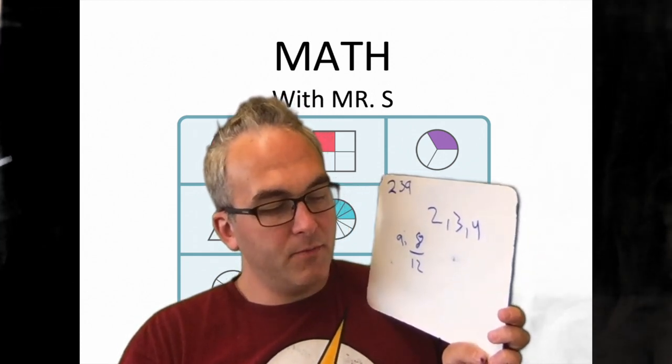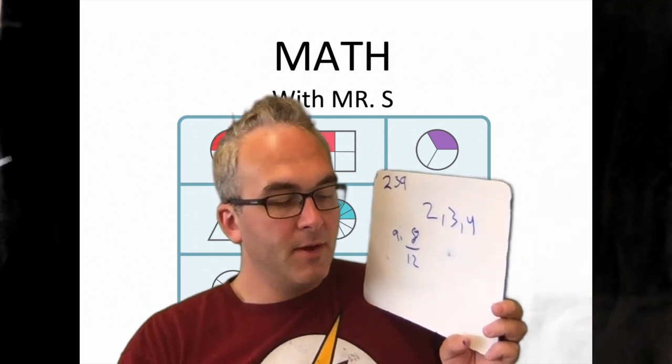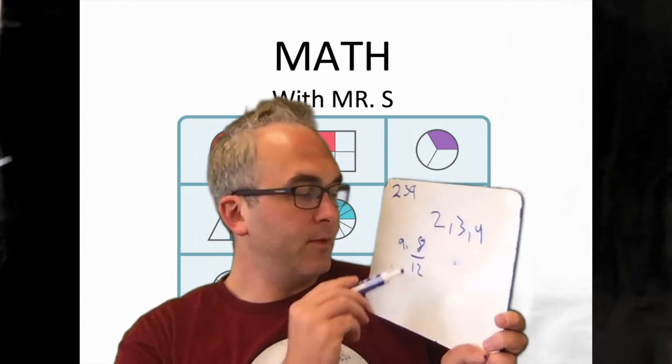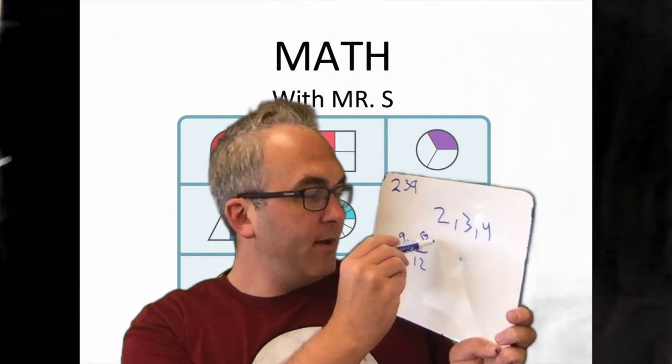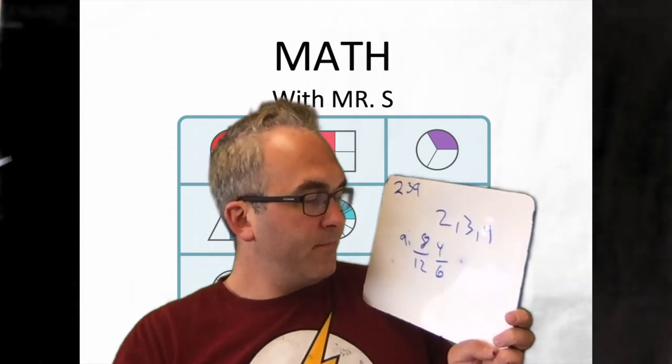What can this be reduced to in lowest terms? Again, I'm going to start and say 2. They both can be divided by 2 because they're both even. So if I divide them both by 2, I'd get 4 over 6.